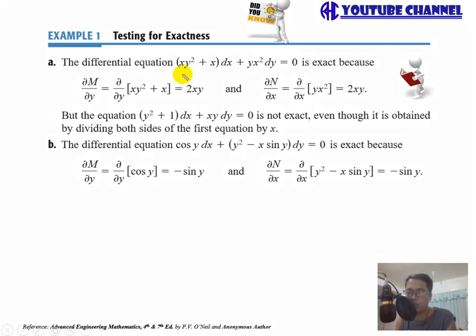The differential equation of the quantity x squared y squared plus x times dx plus yx squared times dy equals 0 is exact because of this. What we need to find is the first derivative of M with respect to y. This is our M, and this is our N.